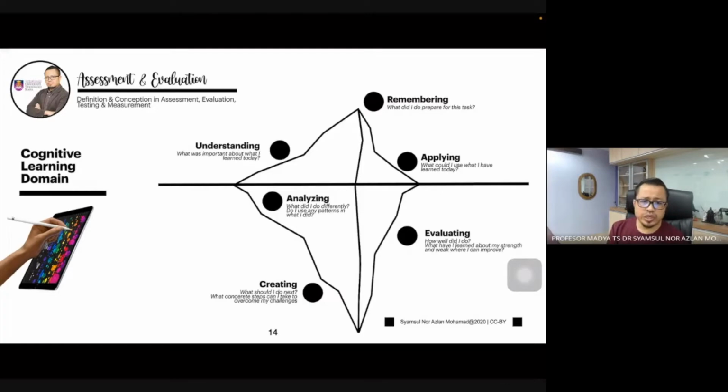And remembering leads the students to understanding, meaning cognitive level 2 or C2, in which the question is what was important about what I learned today. So the student wants to understand why it is so important. And when the students start to understand why it's so important, it's easy for them to relate what they could use from what they have learned today, meaning that the application of knowledge can only happen when the students start remembering and understanding, and it allows the students to apply the knowledge.